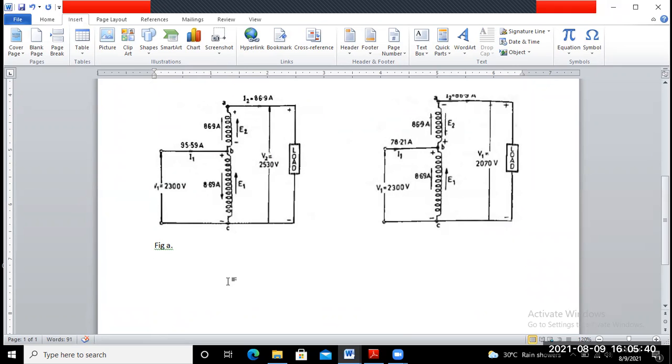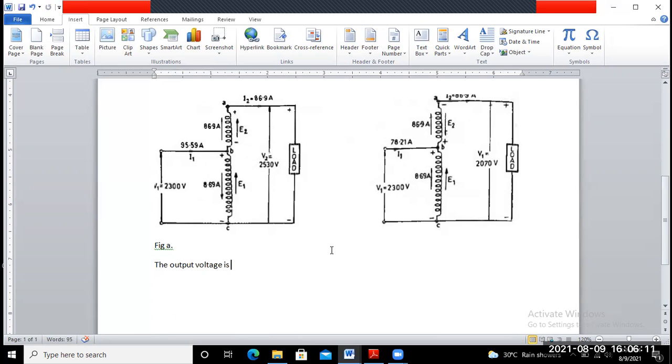So the output voltage is 2300 plus 230 volt. That means how much? 2530 volt, is it not?